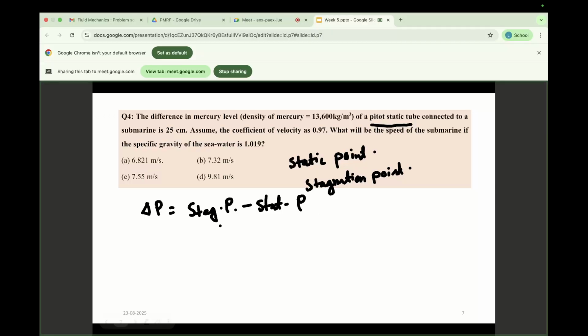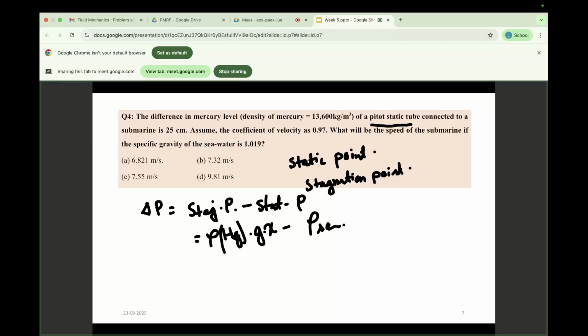Okay, so stagnation means a pitot tube. There is mercury, right? So this stagnation pressure corresponds to this mercury one, rho of mercury into g, say it rises up to X height, minus rho of C into g x.